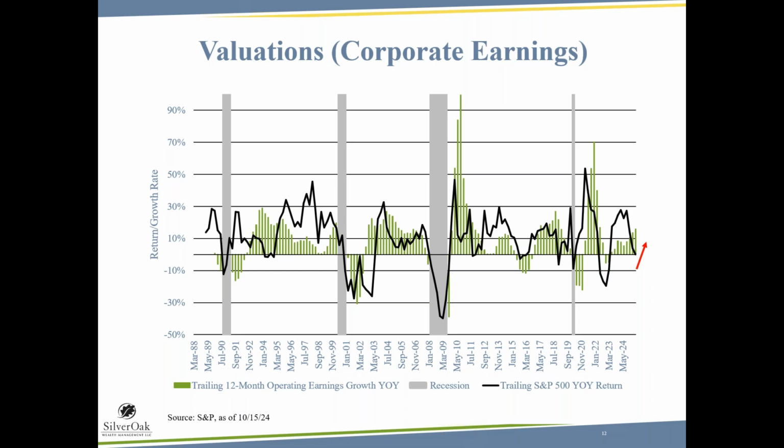We go into greater detail later, but one of the bright spots has been technology in the Mag 7. What we really need to see going forward, hopefully a little bit this quarter, but more importantly in the fourth quarter, is that we see the other 493 companies in the S&P show some meaningful earnings growth. Yeah. And of all the slides, this might, in my opinion, be one of the more important, because again, earnings will either justify the valuations or those valuations are going to have to shift down.